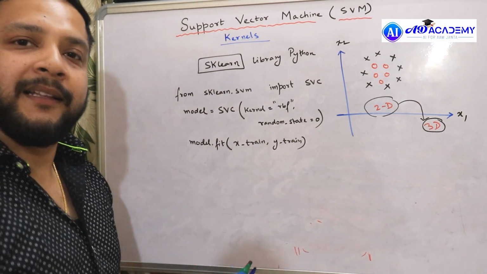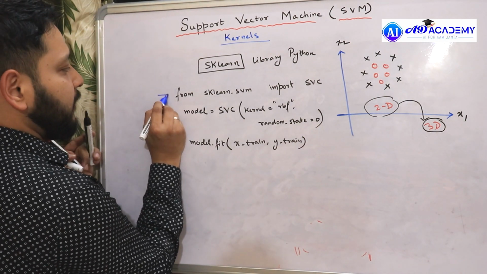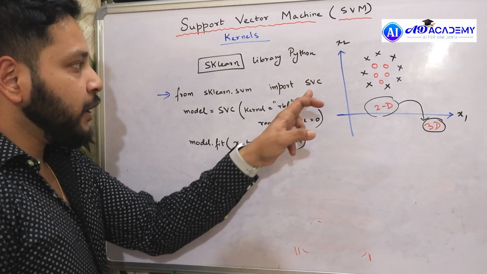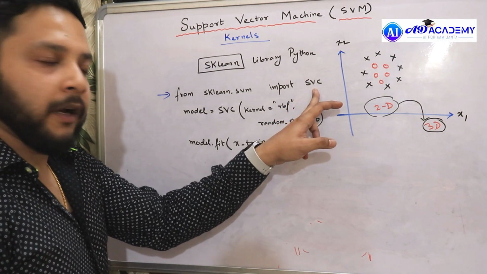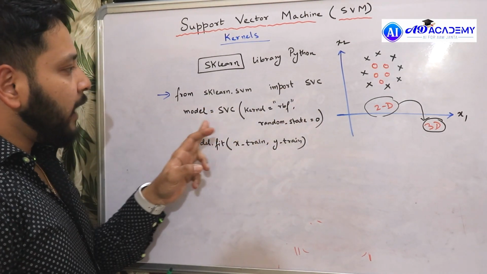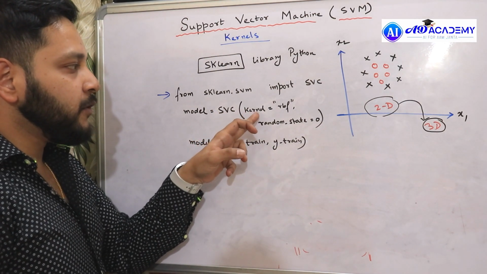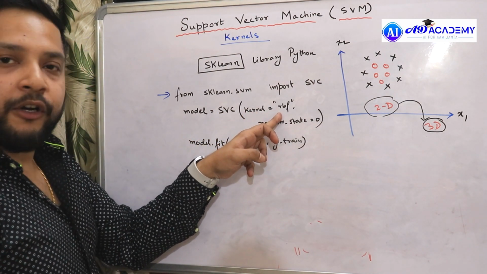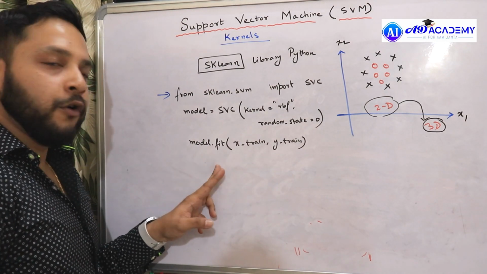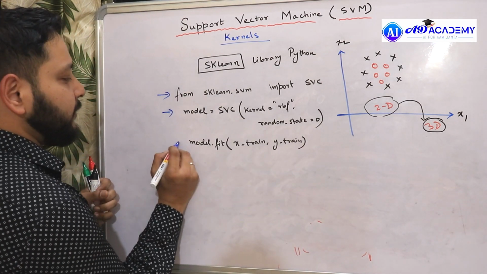So in a Python script, you just need 3 lines. First, from the sklearn library you import the support vector classifier, then you use this SVC with a kernel. It can be RBF, poly or anything. Then you create a model, and this model is used to fit your X_train data and y_train data. So you just need 3 lines.